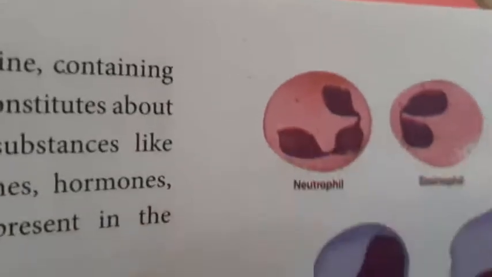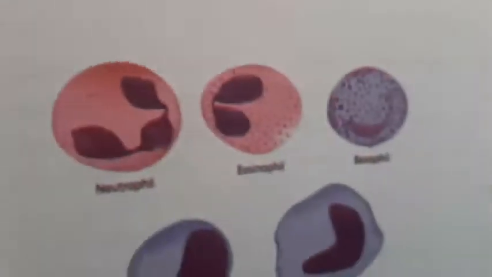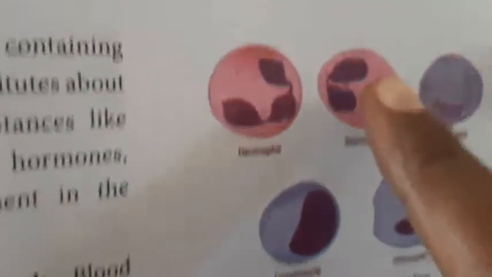The nucleus is irregular in shape, and some have a bean shape or different types of shapes.